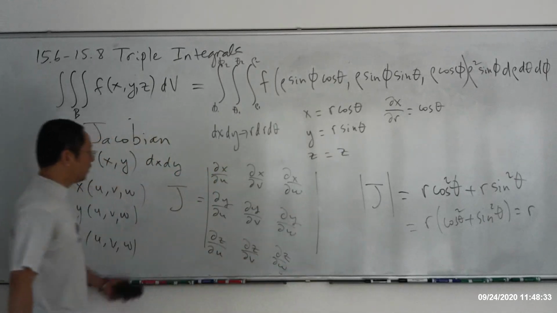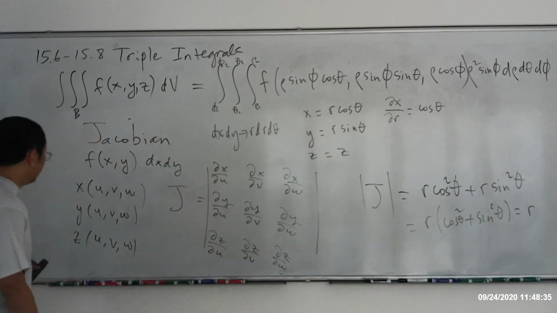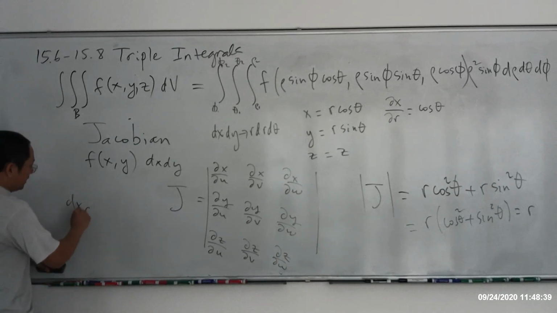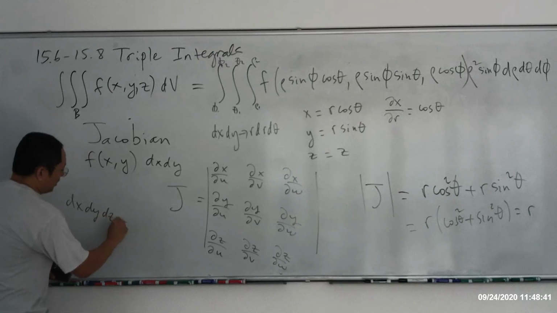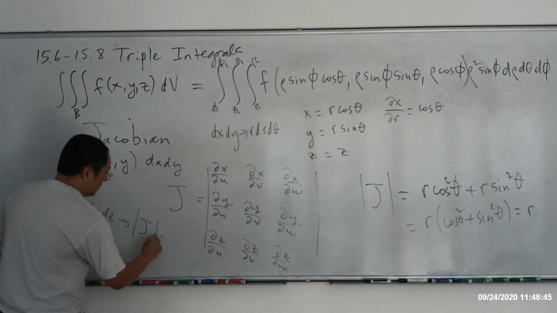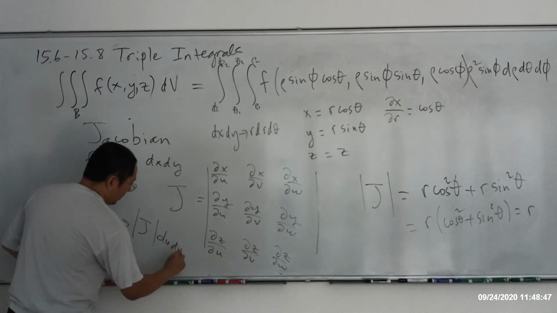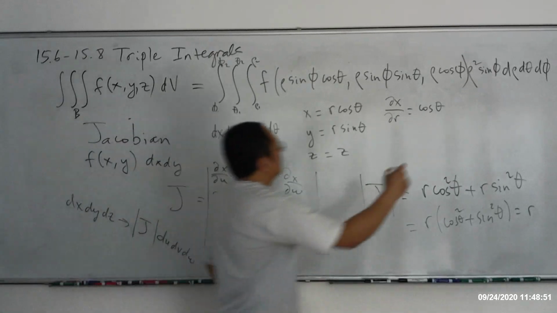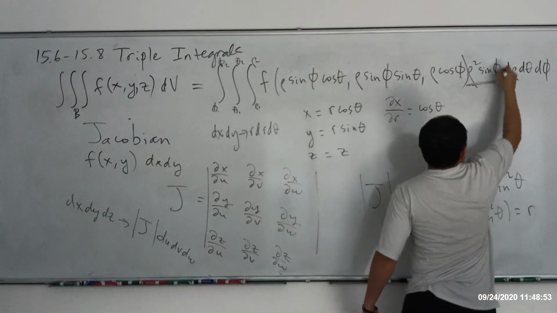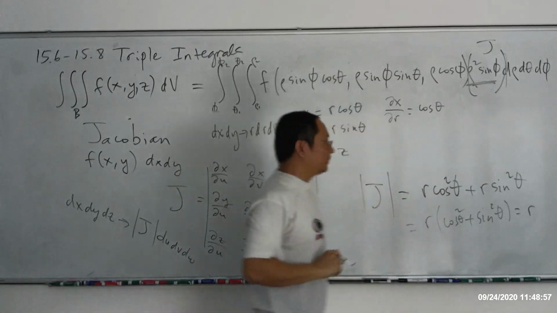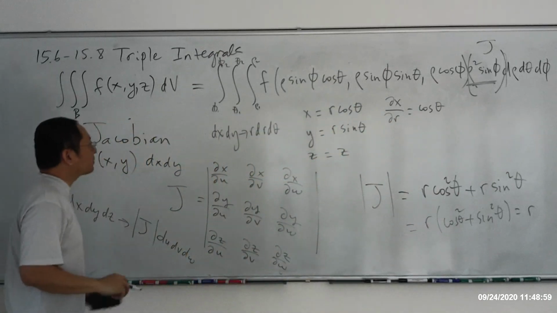Then you have a 3x3 matrix, and the same thing applies: dx dy dz will be changed to the absolute value of the Jacobian times du dv dw. This is the J that you have.